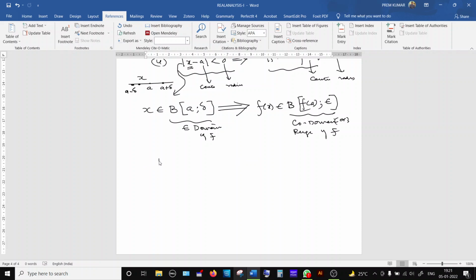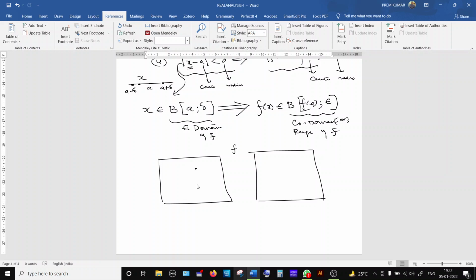So now, another thing. I am going to give a simple example. If you understand this one, I think you can understand the next definition I am going to explain. Suppose a general function, maybe a real valued function.